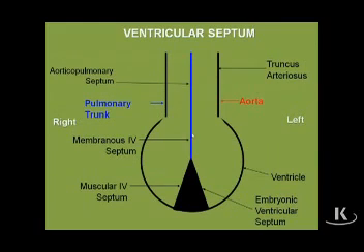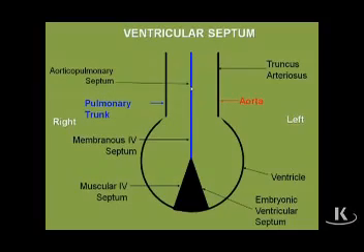Now, I will tell you that this aorticopulmonary septum is frequently called the spiral septum. That's an alternative name that we frequently use for it. And it's called the spiral septum because it in fact normally develops in the shape of a spiral, a 180-degree spiral.